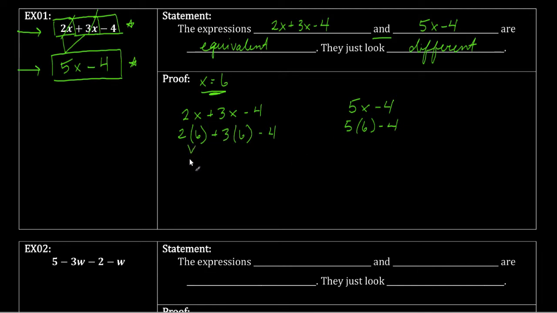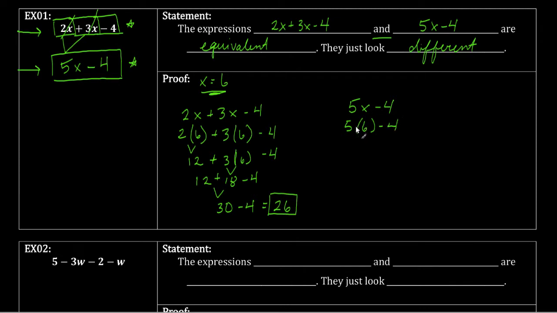2 times 6 is 12. Plus 3 times 6 is 18. 12 plus 18 is 30. And 30 minus 4 is 26.